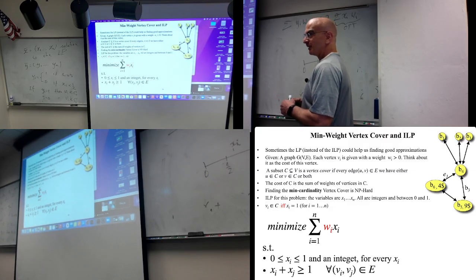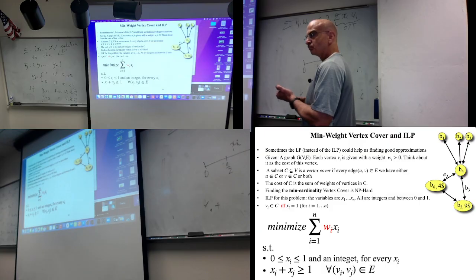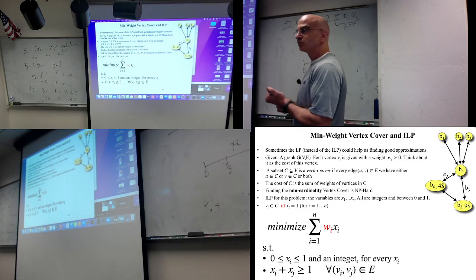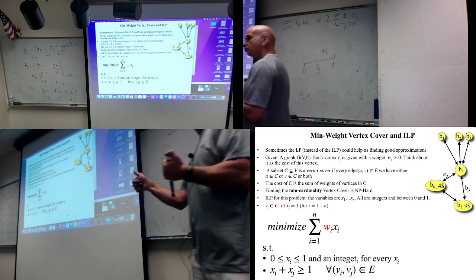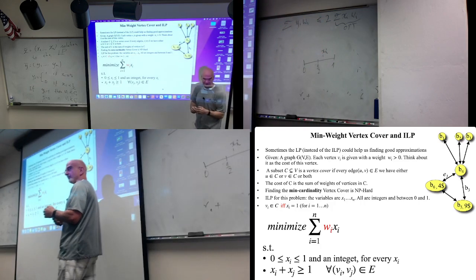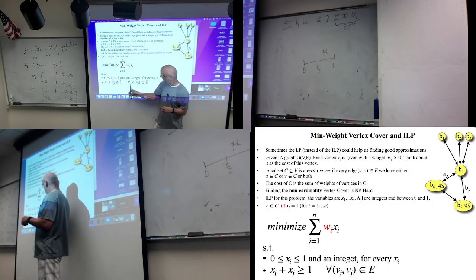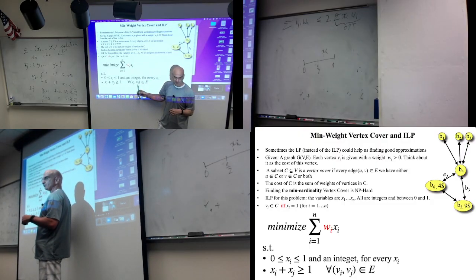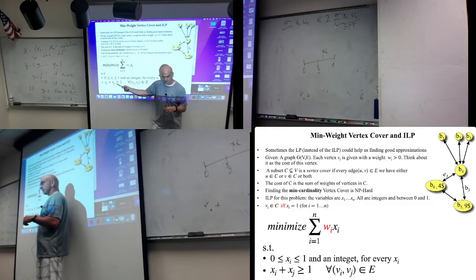That's the heart of this argument. Still the constraint that xi plus xj is greater than or equal to 1, which implies that, look at the edge vi, vj. But what's the meaning of this constraint?